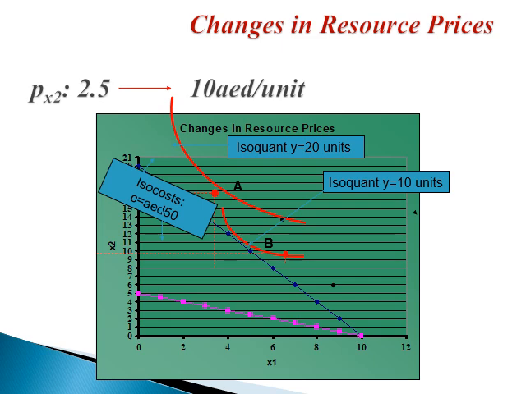What is an exogenous variable? It is a variable which I give you its value. So we have three exogenous variables in our analysis here. P of x1 is equal to 5, because I told you it is equal to 5. P of x2 is equal to 2.5, and the amount of money in the individual producer's pocket is $50.